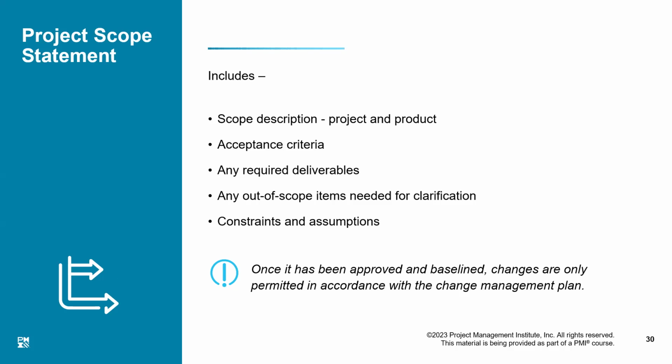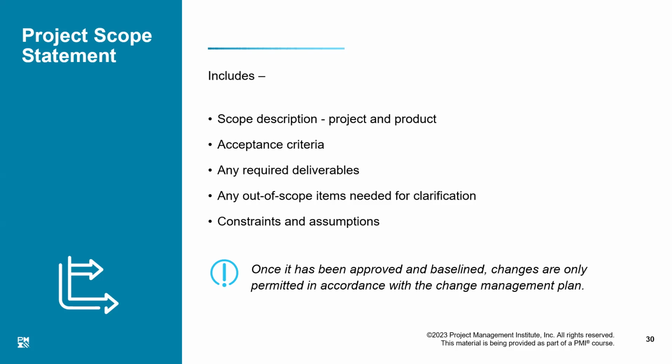according to the need of your project, what is your project scope, what is your product scope, what is your acceptance criteria, if there are any required deliverables, anything which is out of scope, which is not to be done, and if there are any known constraints and assumptions, they could also be listed in the scope statement. You remember, there is a difference between the scope management plan and the scope statement.